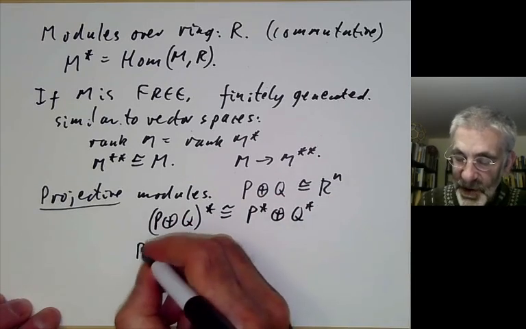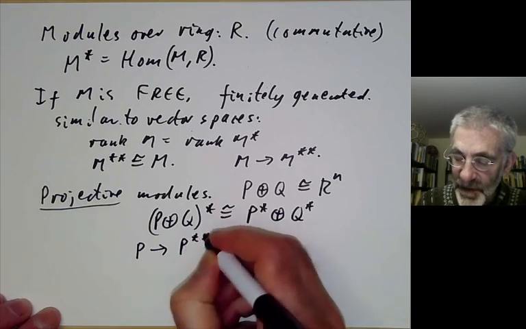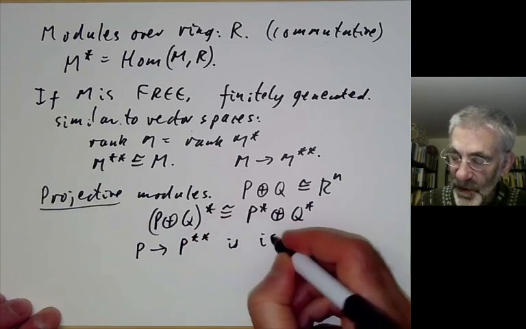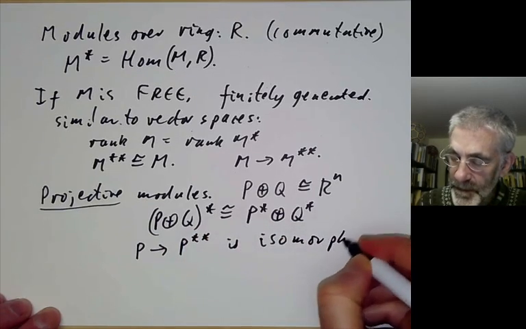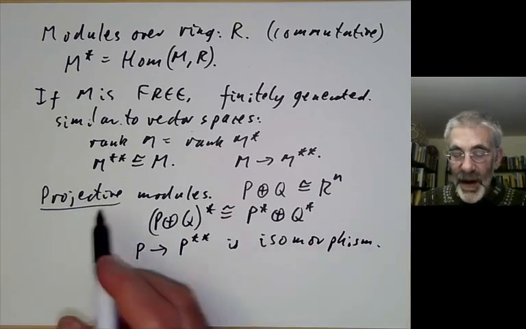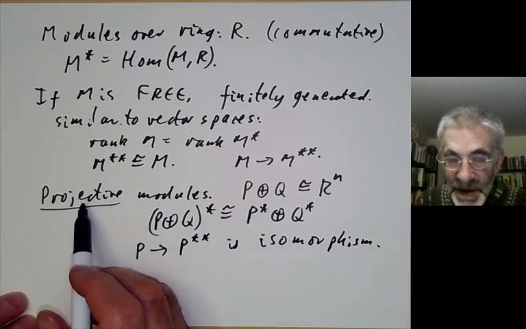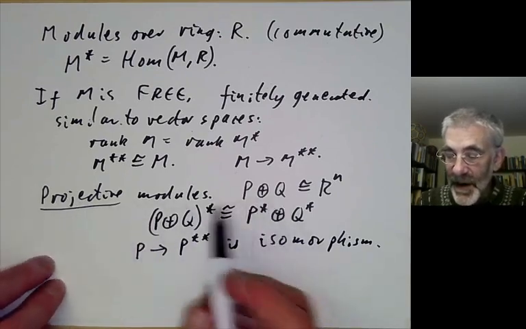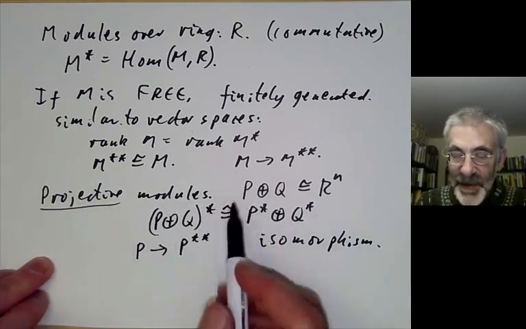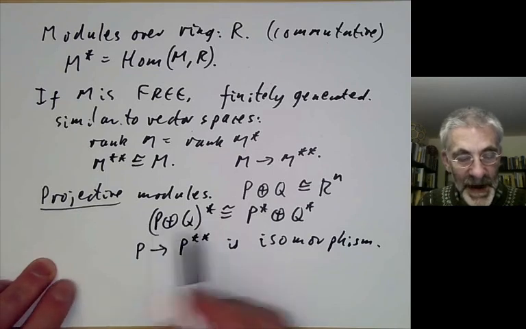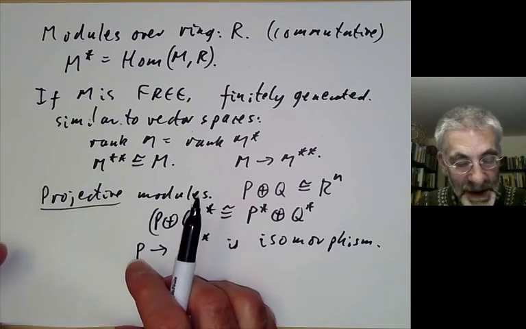So we find the natural map from P to the double dual of P is again an isomorphism. So finitely generated projective modules over a commutative ring again still behave pretty much like vector spaces. They've got a nice duality theory.